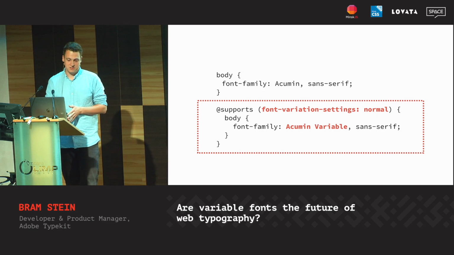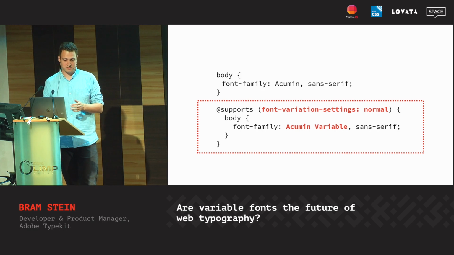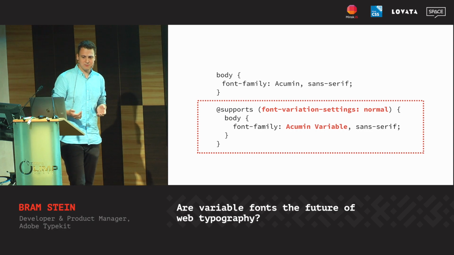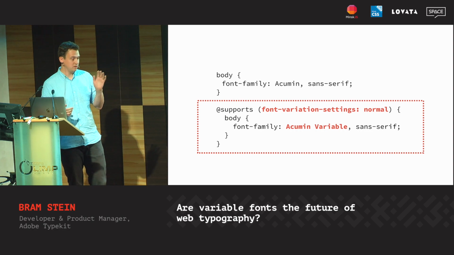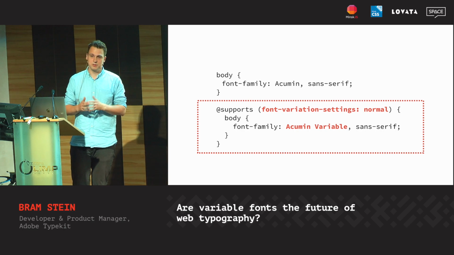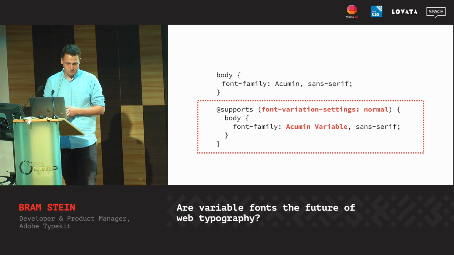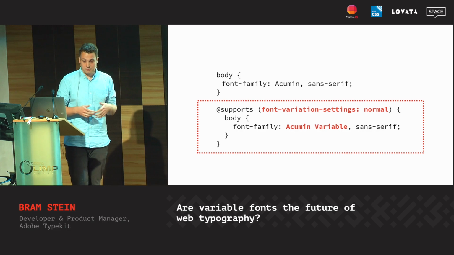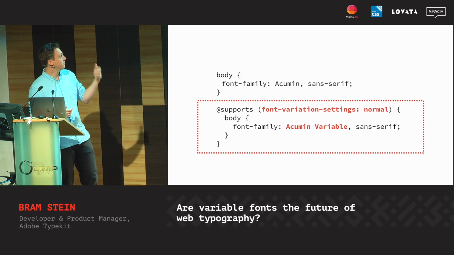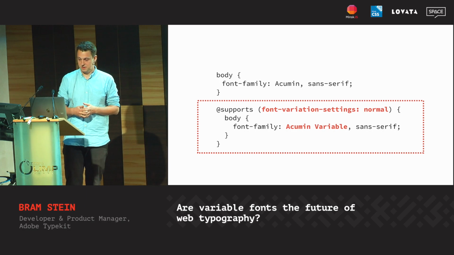And you do this by testing for the existence of a new property called font-variation-settings. I'll explain what that property is and how to use it in a little bit. But for now, we'll just use it to find out whether or not the browser supports variable fonts. And if it does, we override the font family for the same element to include the variable font.